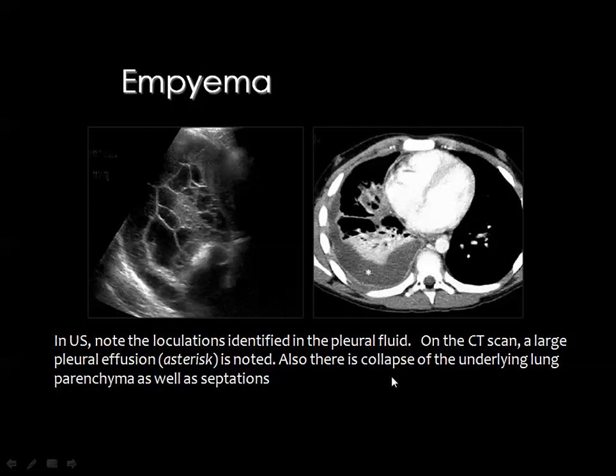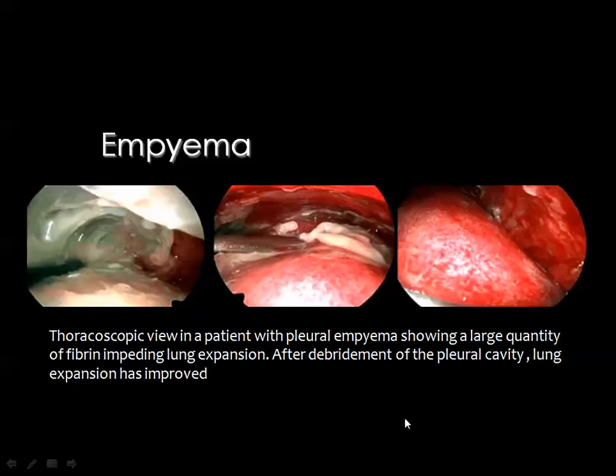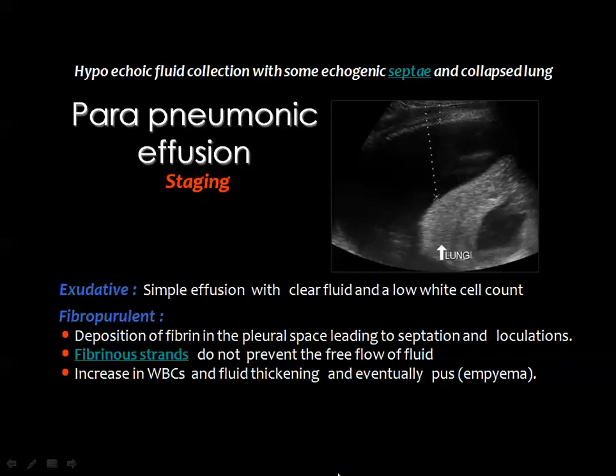Then if you are going to drain this collection and you don't know about these septations, you got minimal results because of the localization of the fluid. Then these are multiple images from an endoscopic release of some of the pleural septations and the drainage of the pus with re-expansion of the related lung.